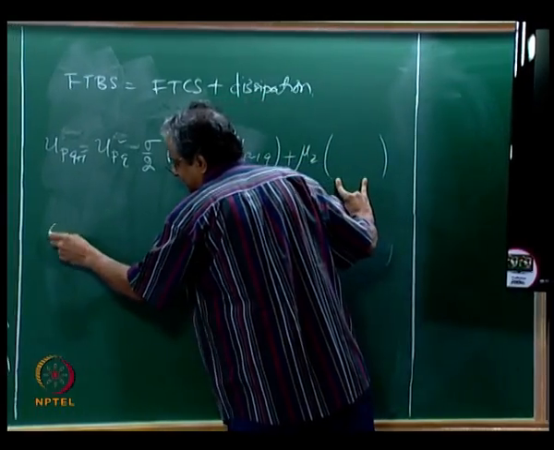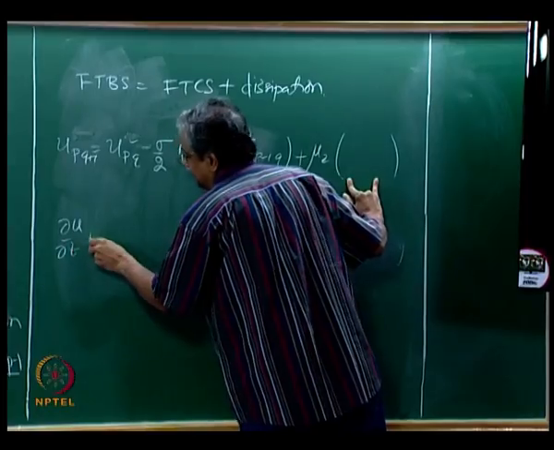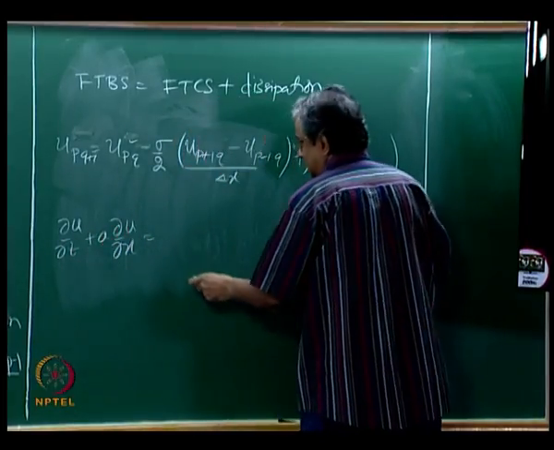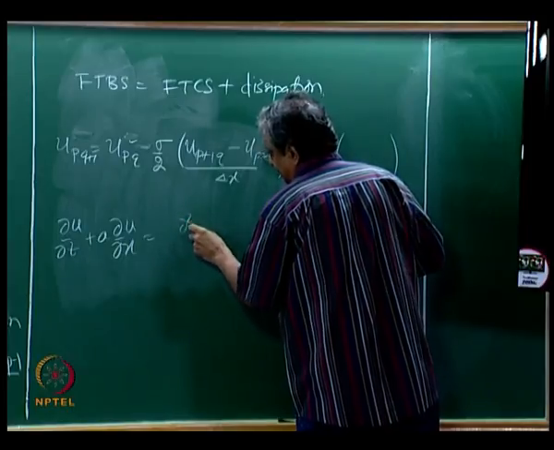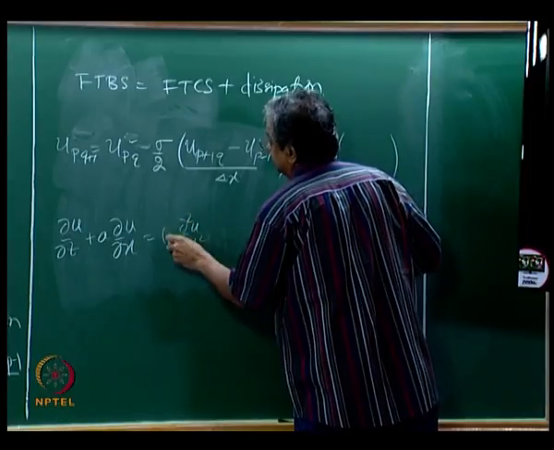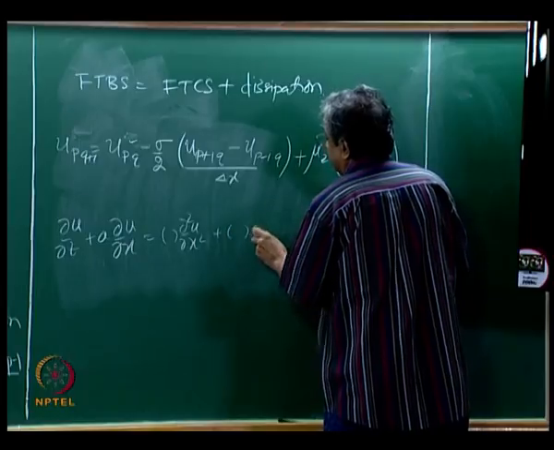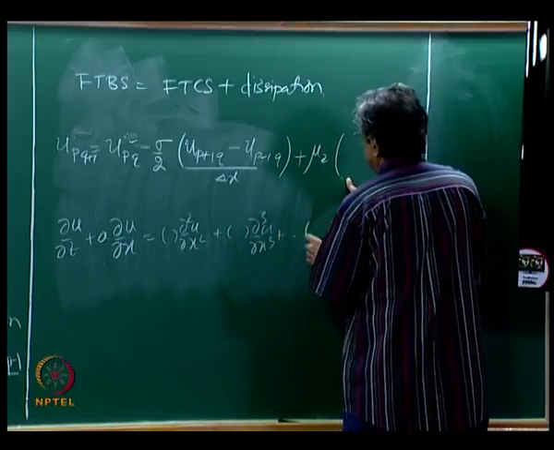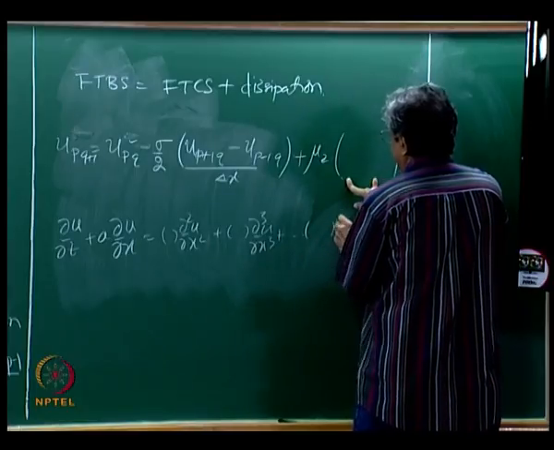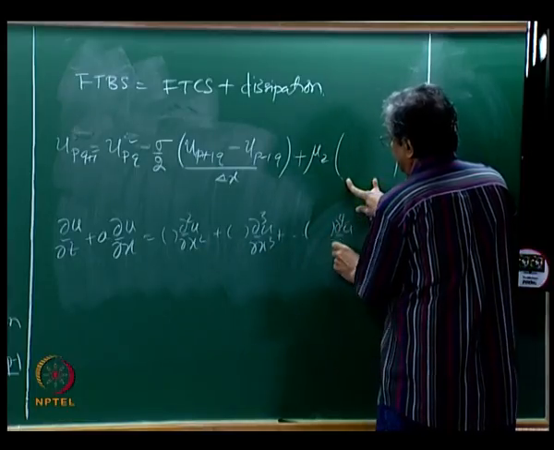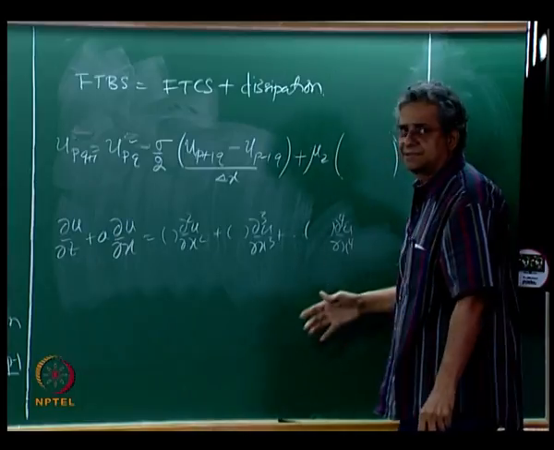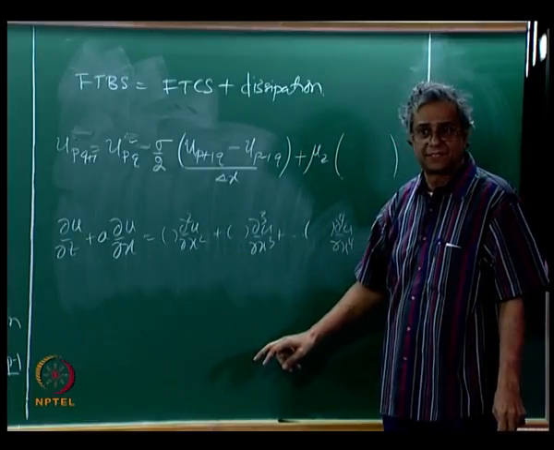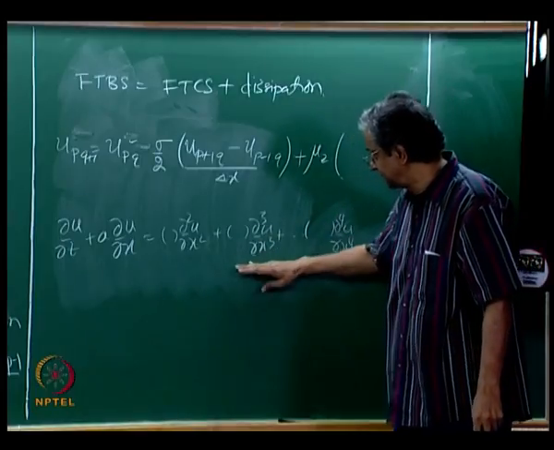So the equation is dou u dou t equals terms with dou squared u dou x squared, dou cubed u dou x cubed, dou to the fourth u dou x to the fourth, and so on. Let us say we want to get rid of this term, or these three terms.